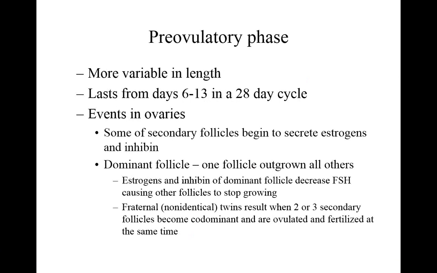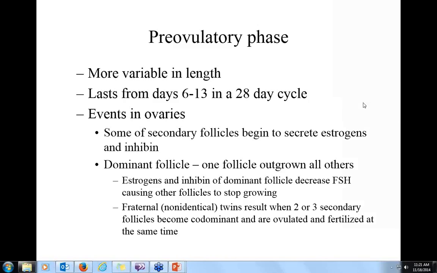The pre-ovulatory phase varies in length. So in a 28-day cycle, let's say it's the next week, days 6 to 13. Some secondary follicles begin to secrete estrogen, but now you start to get a dominant follicle, and it's going to start to release inhibin, which will decrease follicle stimulating hormone and luteinizing hormone.